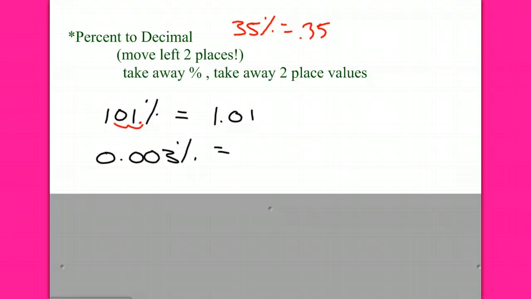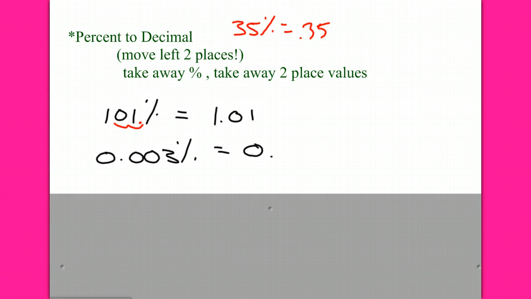And what would that be, Jake? 0 point. Well, it already says 0 and 003, 0 and 3,000ths. So when we take away the percent sign, we take away 2 place values. Did you take away 2 place values?